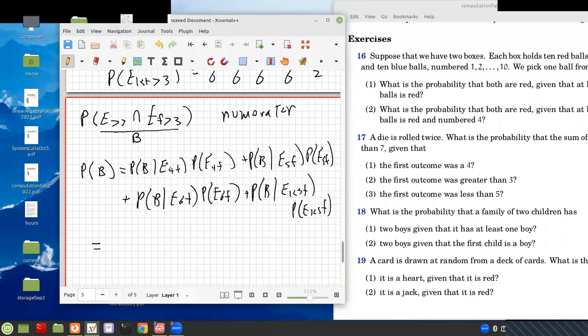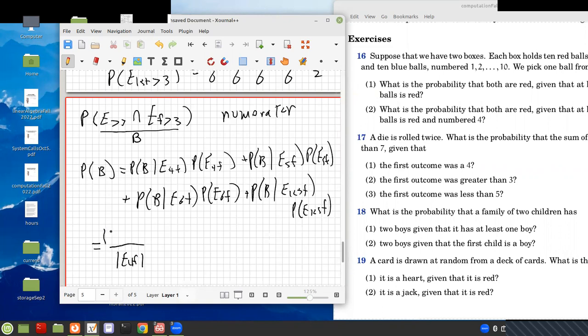If I look at the definition of this conditional probability, that's going to be the number that E4 first, and this is satisfied. So it's given that the sum is greater than 7, given that 4 is first.